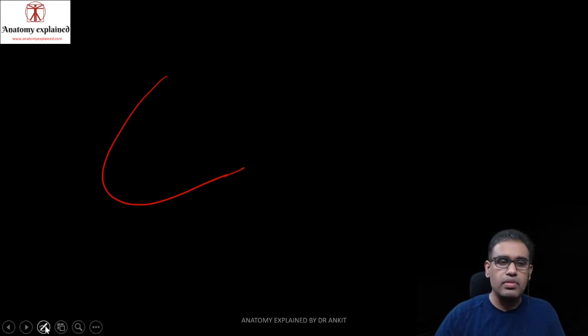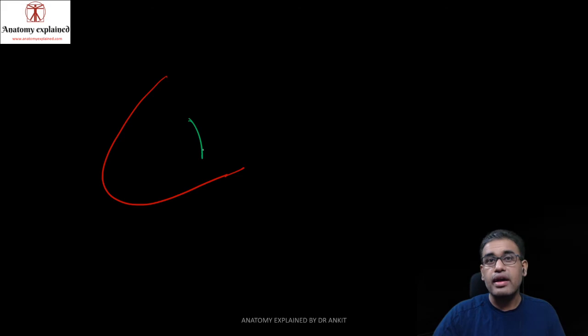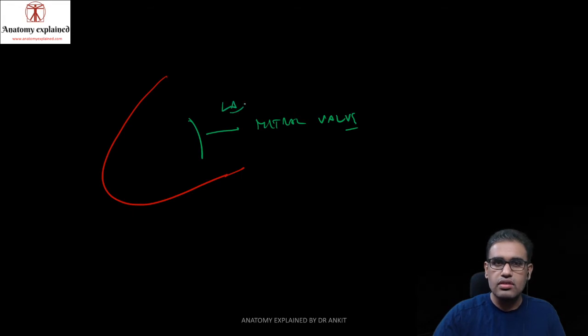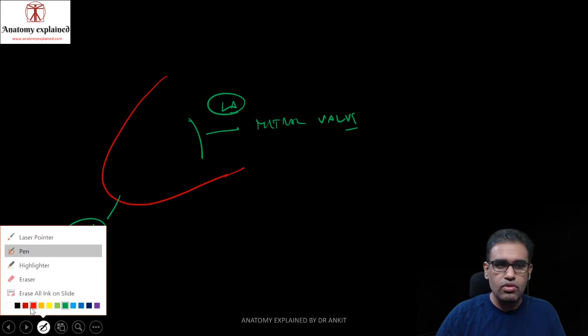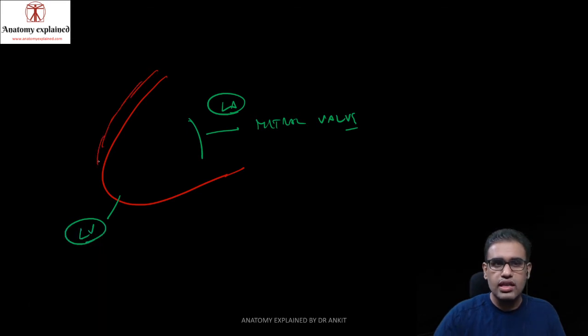If you cut it open, what you are going to see over here is the area of the mitral valve, that is our bicuspid valve. This chamber is obviously our LA, that chamber is obviously our LV. We can make the walls a little thicker, just to show that this is our LV, the walls are thicker.